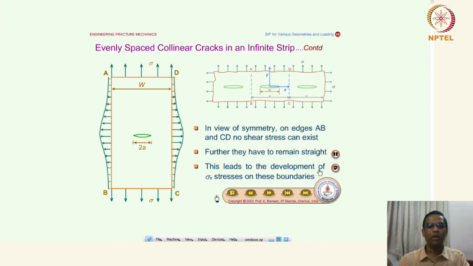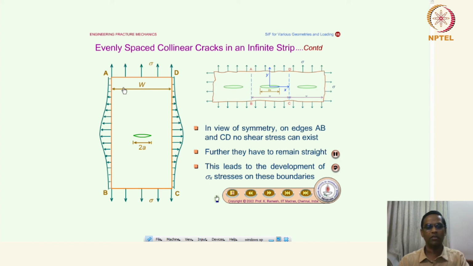This leads to the development of sigma x stresses on the boundaries. What is shown here is sigma x developing along the crack axis. That depends upon the thickness, the crack length and the width.